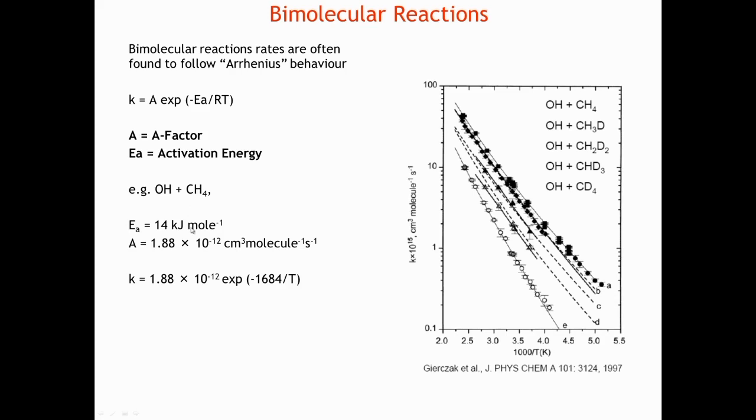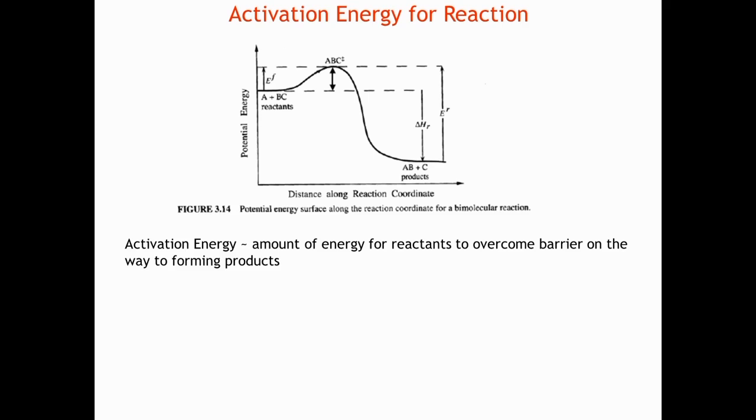So this energy for the reaction, the activation energy, 14 kilojoules per mole, the A factor is in terms of centimetres cubed per molecule per second because it's the intercept, and K is this 1.88 times 10 to the minus 12 with an exponential term. So the activation energy is the amount of energy for the reactants to get over the barrier to forming the products.